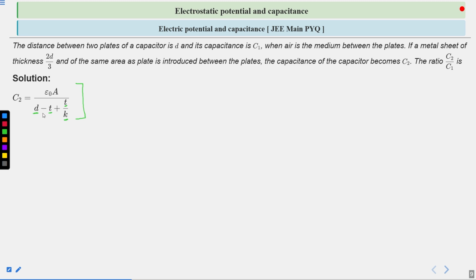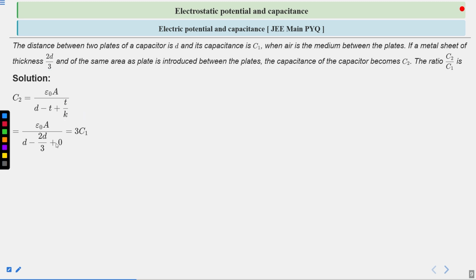Now you have to put all the values in this formula. So epsilon naught A upon d minus t, where t, the thickness of the metallic sheet, was given as 2d by 3, and K was infinity for metal. So 1 by infinity is 0, and the whole term t by K will become 0.